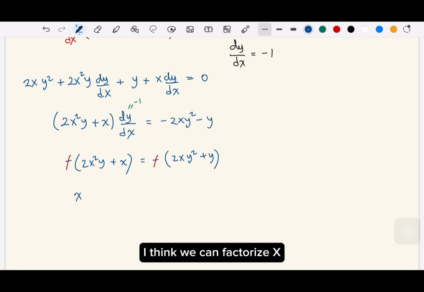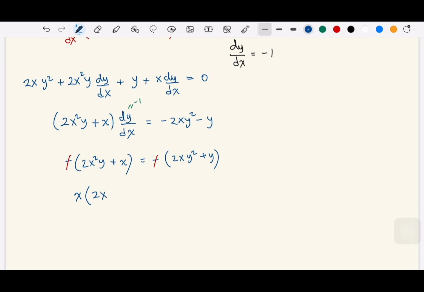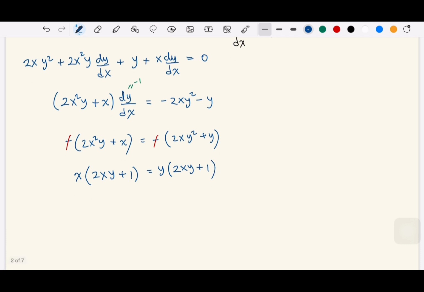I think we can factorize x. Factorize y. Interesting, right? Can we cancel this?